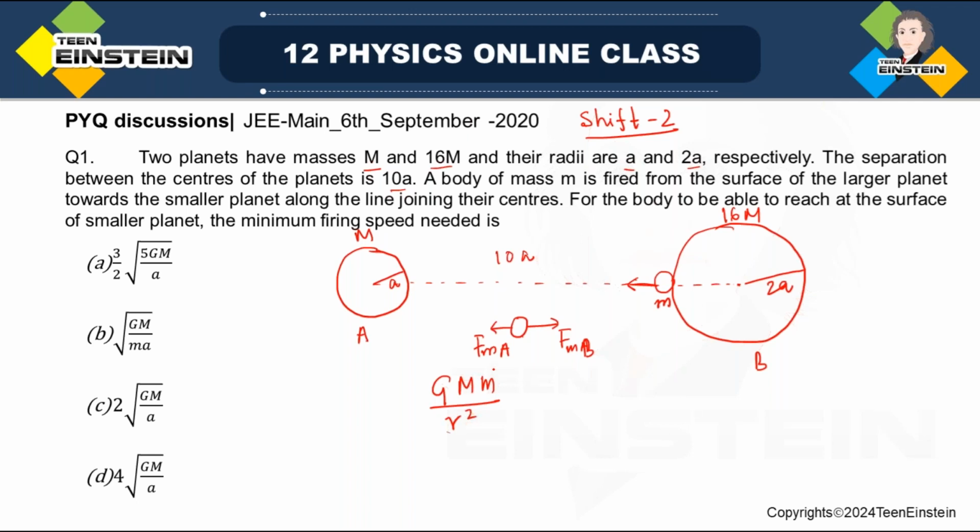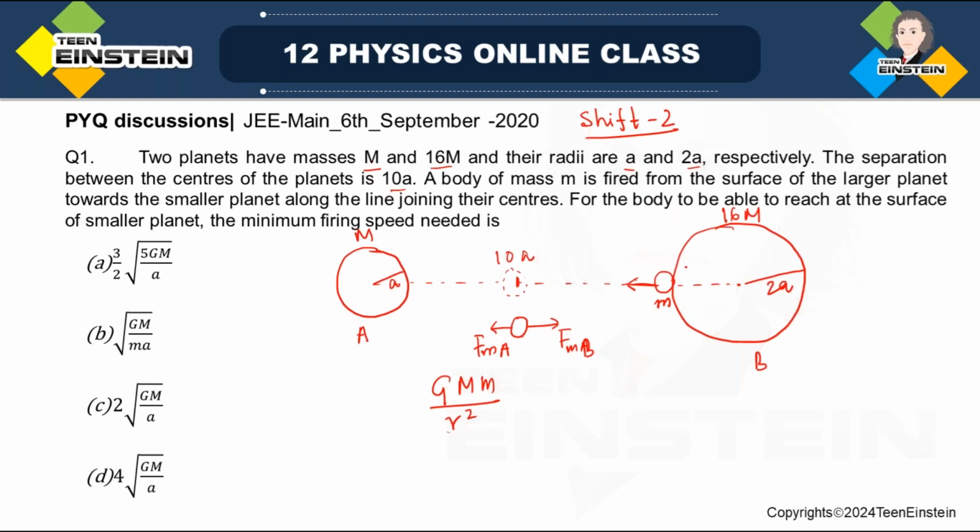Okay, now if I take this object of mass small m along this line, suppose at any time I have brought this mass here, then what will be the force? The force actually will not be the same as when it was at the surface.